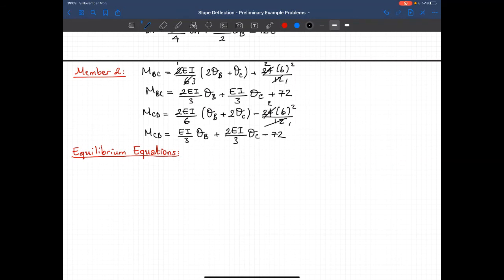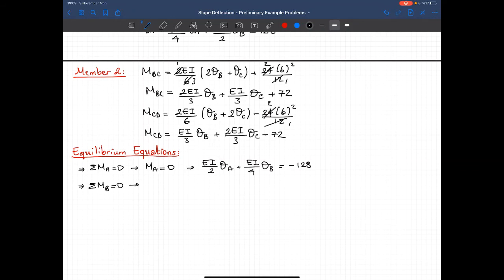So the first equilibrium equation is sum of moments at A equal to 0. This tells me that MA equals 0. Then EI over 2 theta A plus EI over 4 theta B is equal to minus 128. The second equilibrium equation is sum of moments at B equal to 0.